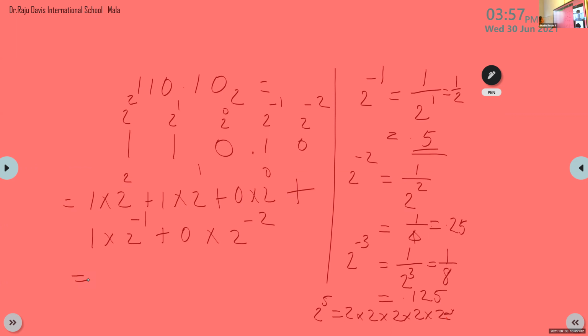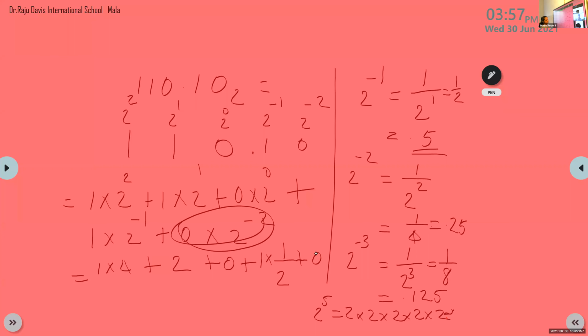Okay, then 1 into 4, since 2 raised to 2 is 4. So 1 into 4 plus 2 raised to 1 is 2, so 1 into 2 is 2, plus 0 into something is 0. So write 0 plus, what is 1 into 2 raised to minus 1? That is 1 by 2. Plus 0 is there, so this term will be 0.